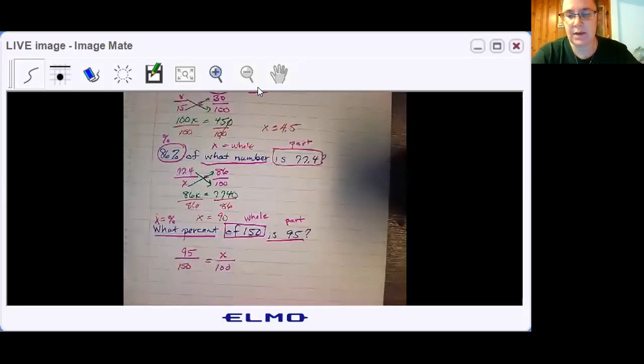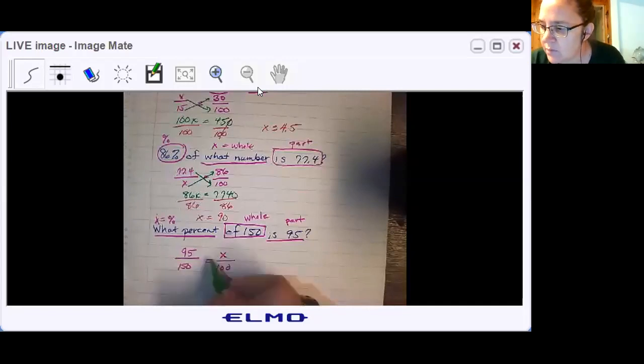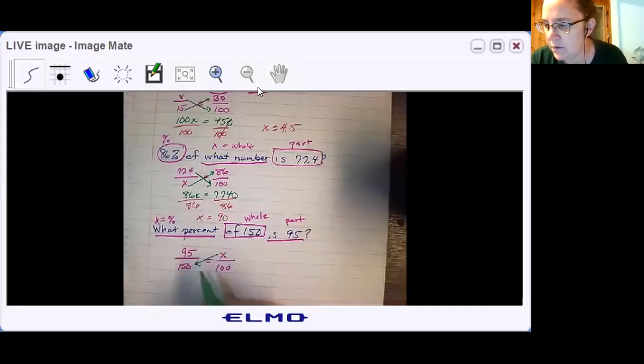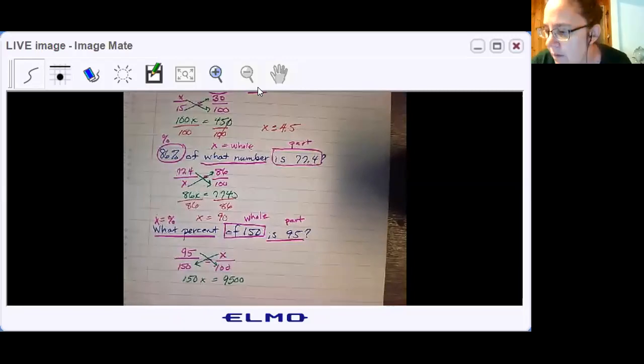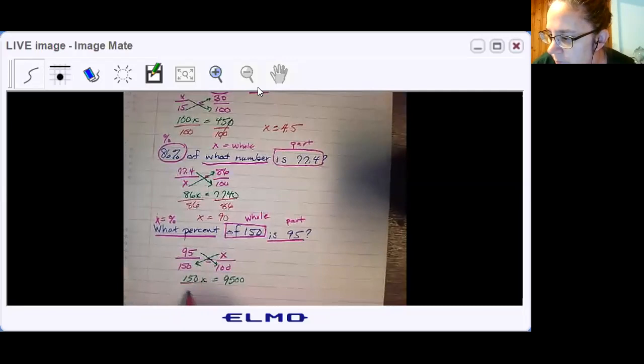Cross multiply. X times 150 is 150x. 95 times 100 is 9,500. Now I divide both sides by 150.